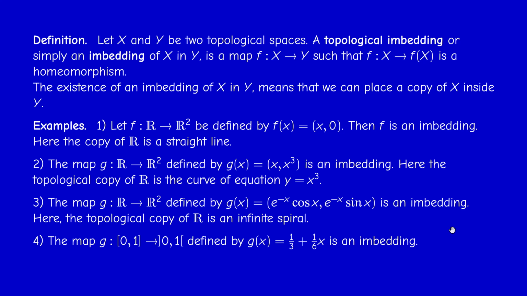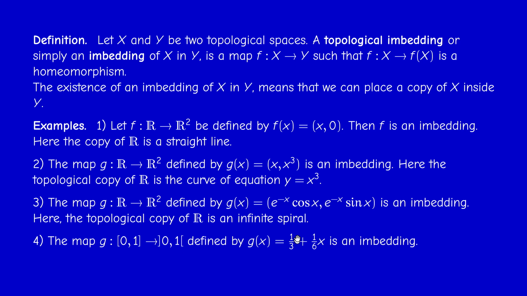And last example, trivial. 0,1 closed and 0,1 open are not homeomorphic, and I will tell you why in the next chapter. However, 0,1 closed is bigger than 0,1 open, and yet we can place a copy of 0,1 inside 0,1 open.